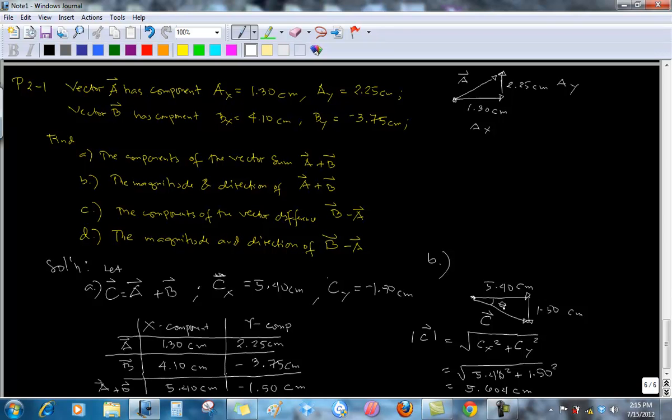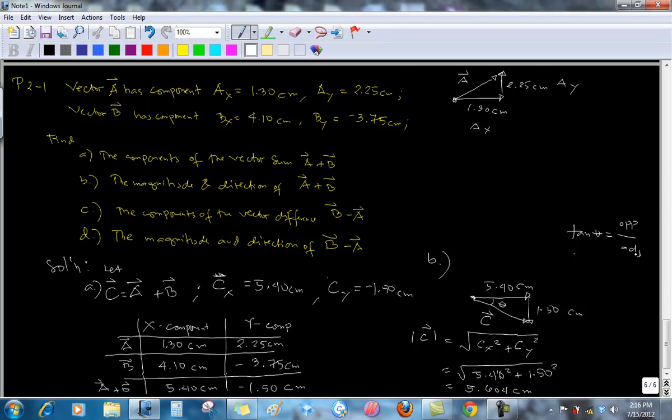From our math class, to get the angle we can use the tangent. For the angle theta, tangent theta is equal to opposite over adjacent.